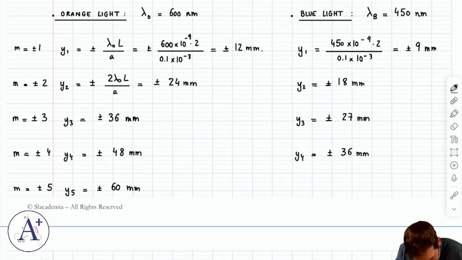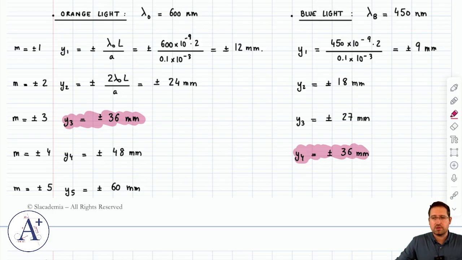Ding, ding, ding, 36 here matches 36 here. So at plus or minus 36 millimeters, I get both a dark fringe for blue light and a dark fringe for orange light. It is a true dark fringe in this problem. That is one location where I'm going to find a dark fringe.